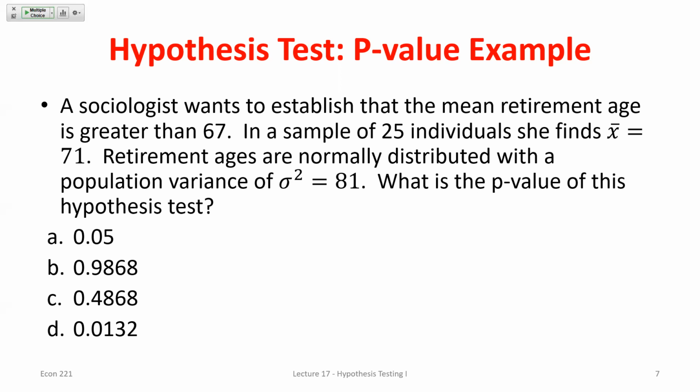So what would the area to the right of 67 be? That's the mean. If I have a normal distribution, and I'm looking at the mean, what are the areas to the left and right? 0.5, right? So I know that my p-value has to be something less than 0.5. What's the actual value? I have to do a little bit more work.